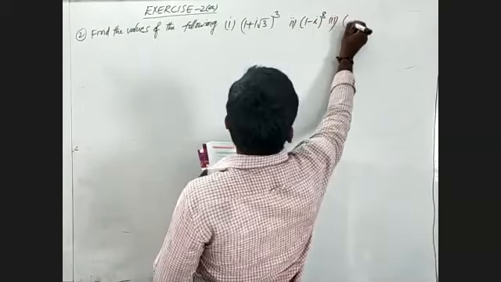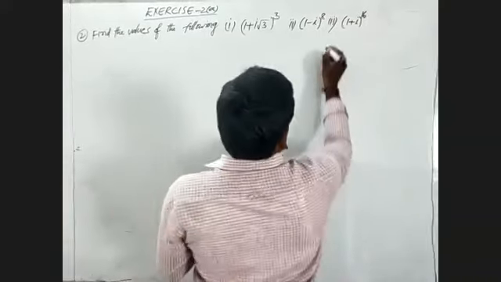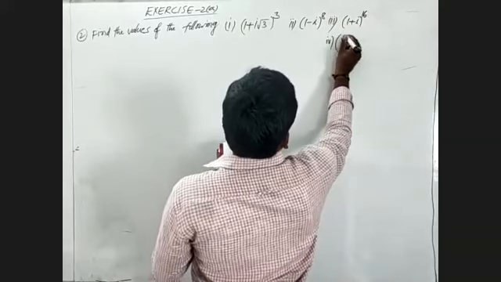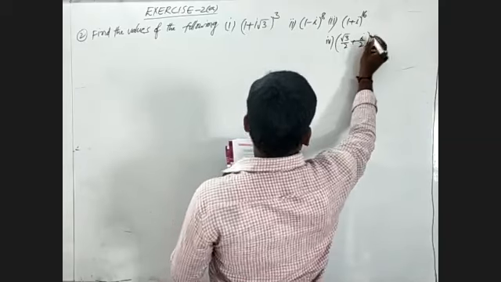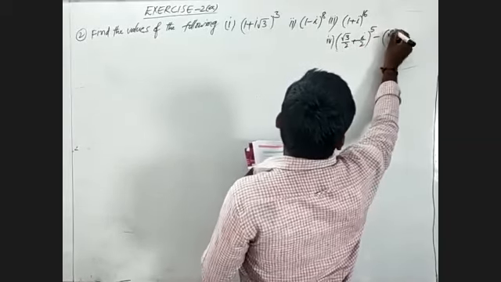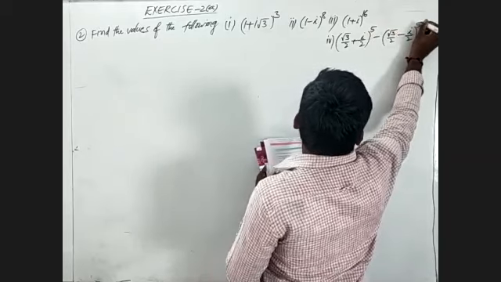The third one is (1 plus i) whole power 16. The fourth one is (root 3 by 2 plus i by 2) whole power 5 minus (root 3 by 2 minus i by 2) whole power 5.